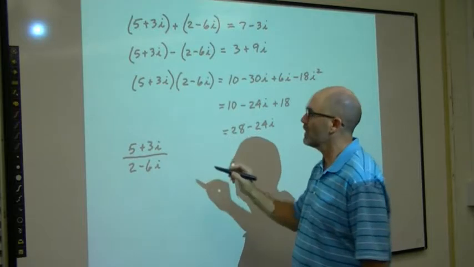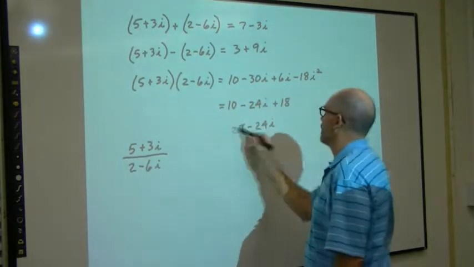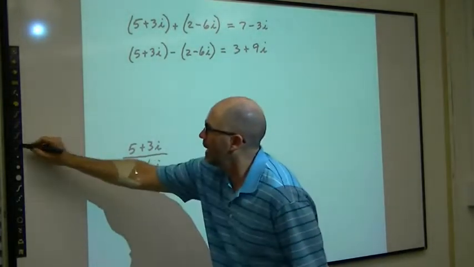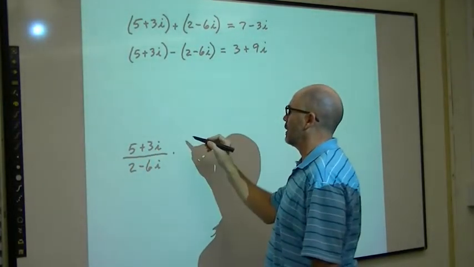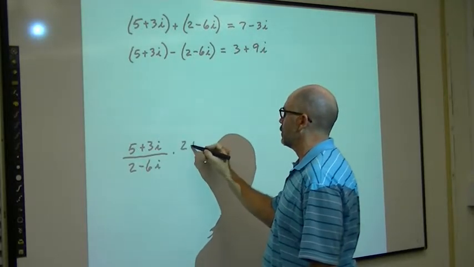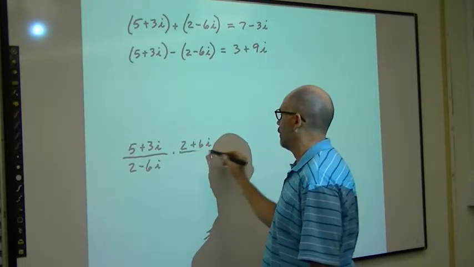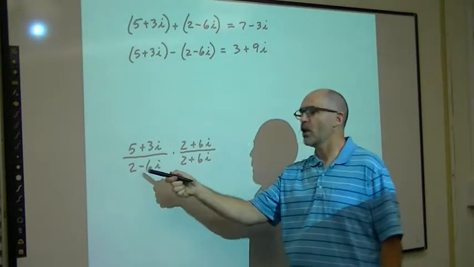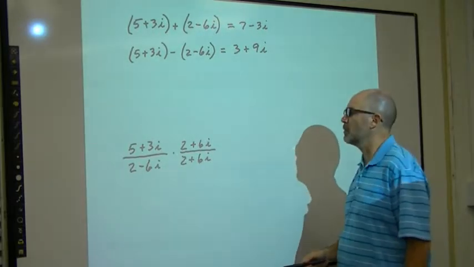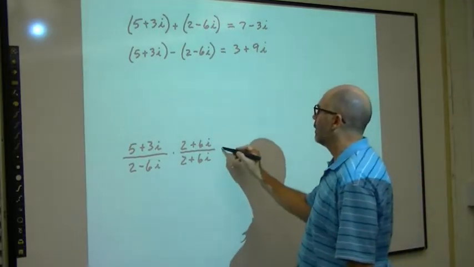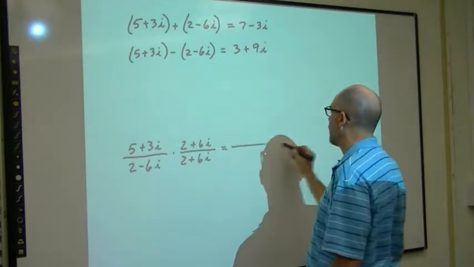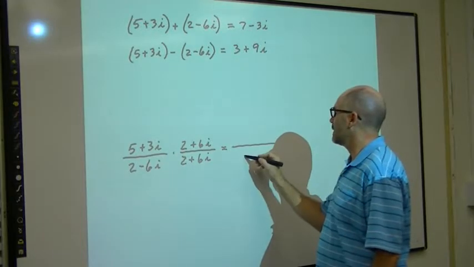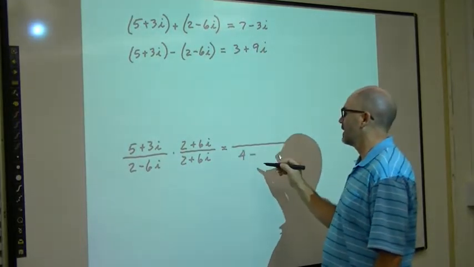So the only way to get rid of the i in the denominator is to multiply by the conjugate. So we've got 2 plus 6i over 2 plus 6i. Always multiply by the conjugate of the denominator. So now what we end up with is, on the bottom, we've got an a minus b times a plus b, which gives us a squared minus b squared.